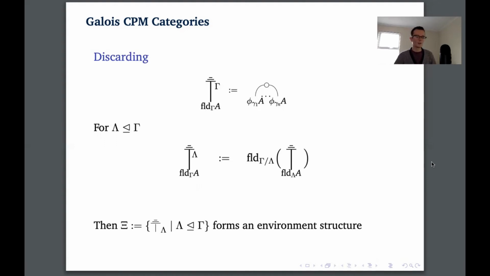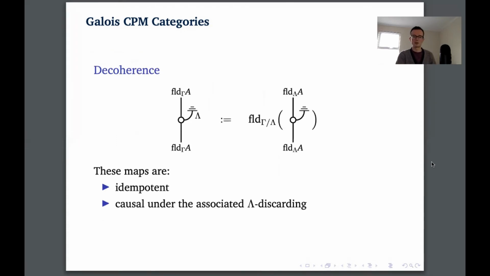Now, with these discarding maps, we can define decoherence maps that decohere via each subgroup of the Galois group. The idea of these maps is that when they act on a state, say, they pick out the parts which are fixed by this subgroup of the Galois group. And in doing so, they pick out the parts of states that belong to some subfield of the extension.